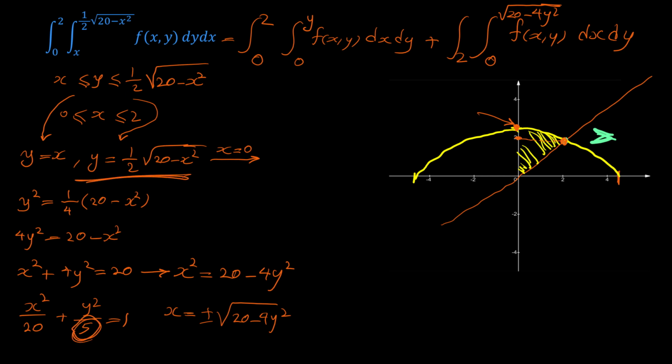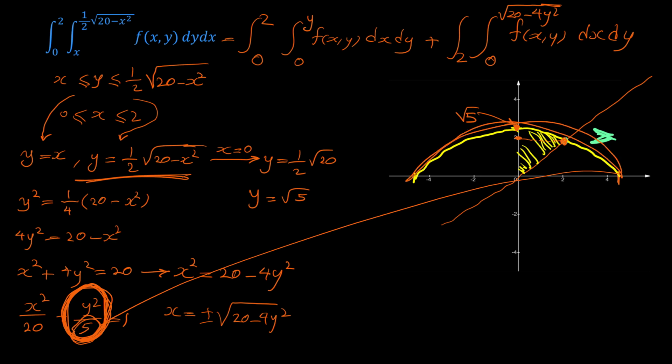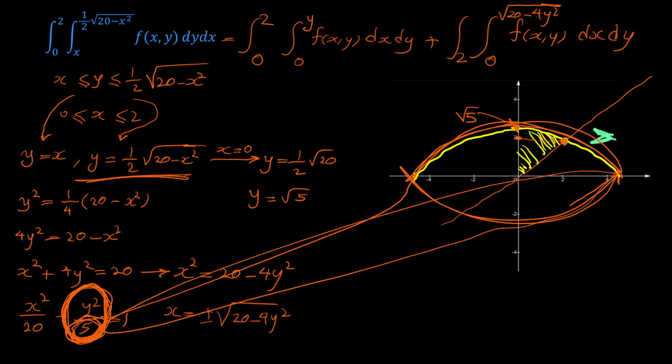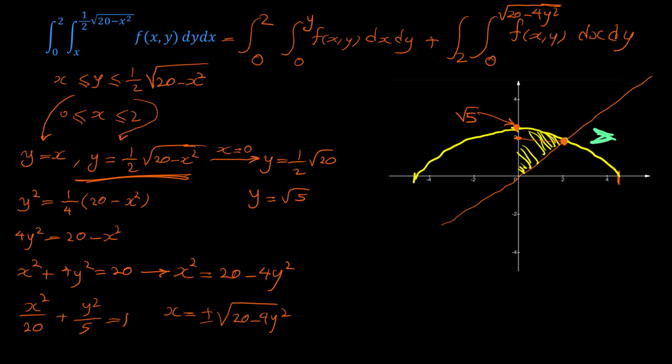If we plug in 0 for x, y is 1/2 radical 20, so y is radical 5. So this point is radical 5. Also, if you remember, I explained that the graph of the ellipse intersects the y-axis at radical 5 and negative radical 5. Anyway, the y-intercept is radical 5. So the upper limit for this integral is radical 5.